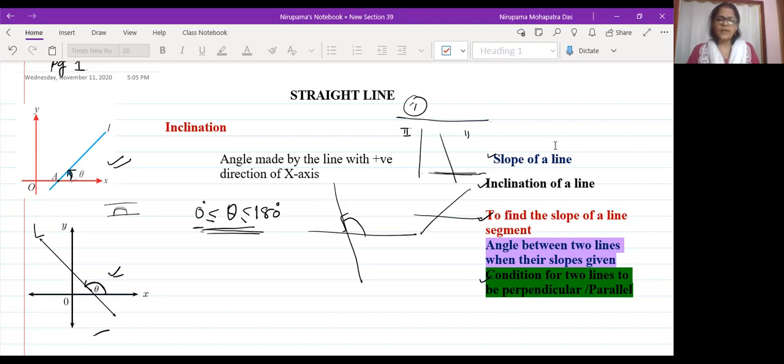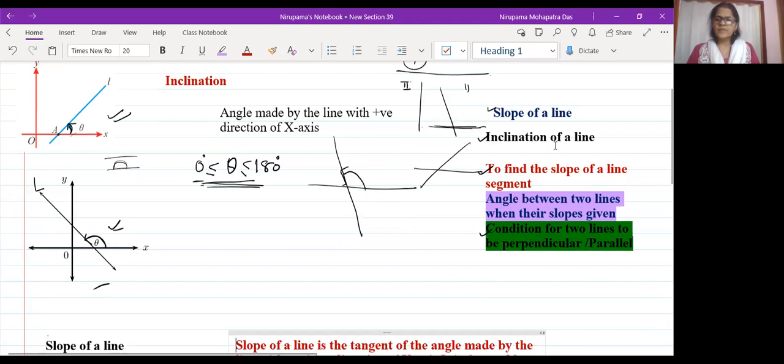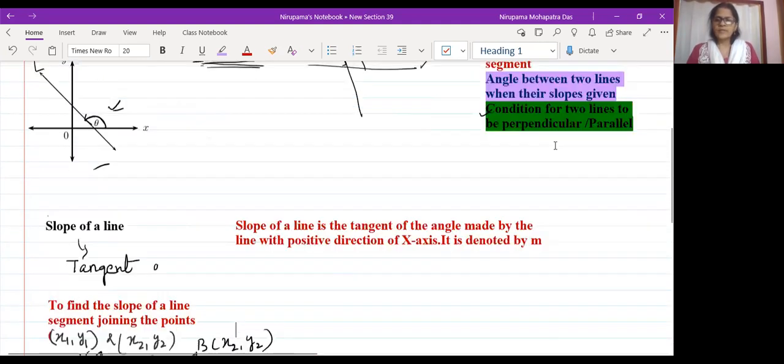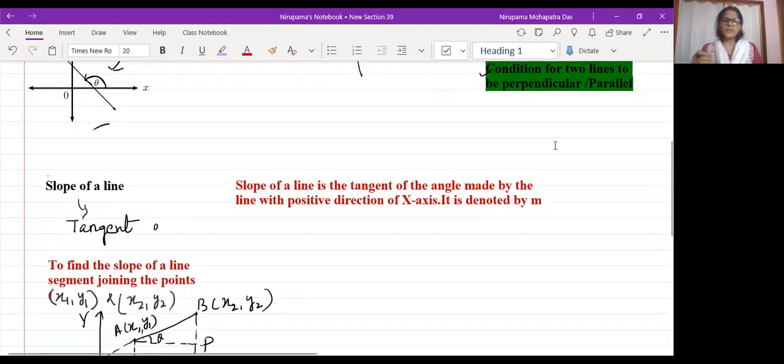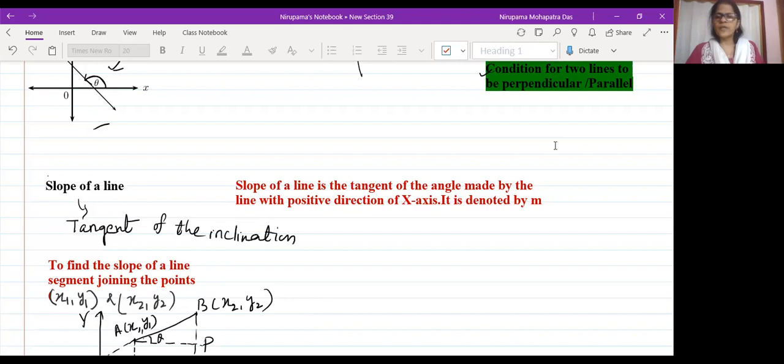Okay. Now, having the knowledge of inclination, meaning the angle made by the line with positive direction of x-axis, we are in a position to define slope of a line. The slope of a line means what? Slope of the line means basically, in short, we can take it as the tangent of the inclination of the line.